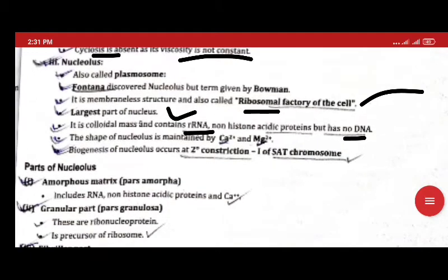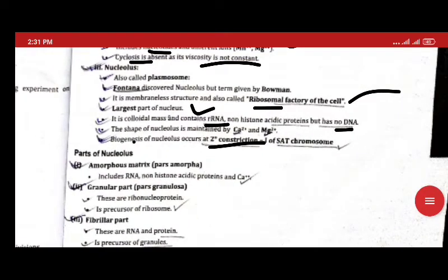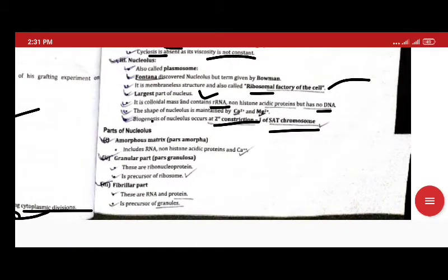Its biogenesis, meaning formation, occurs from the secondary constriction, which is the satellite of chromosomes. So the nucleolus is formed from the secondary constriction of satellite chromosomes. Now the nucleolus also has four parts.